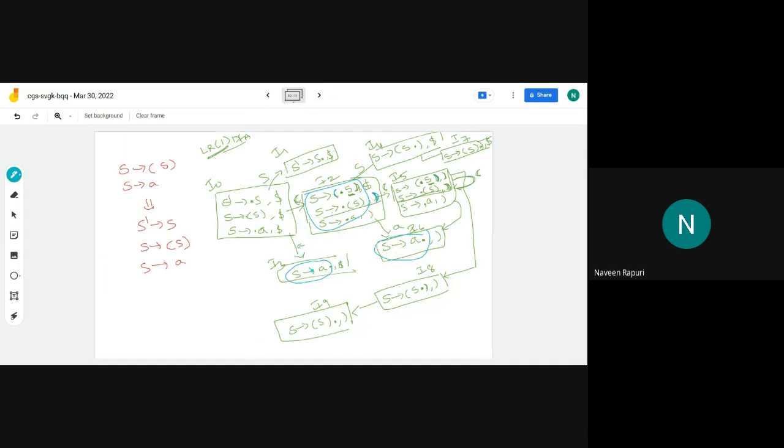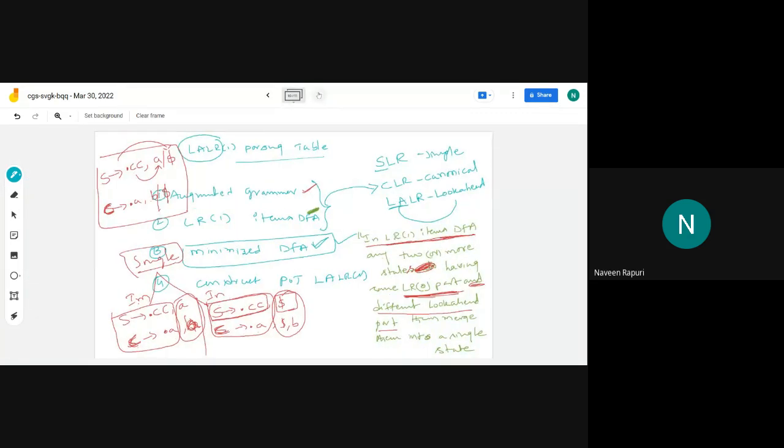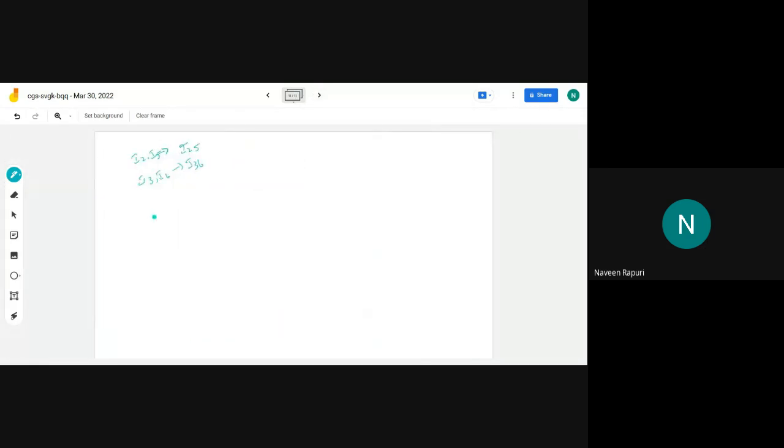Suppose if we check, I8 is matching with any other. S derives open parenthesis S dot. Here also S derives open parenthesis S dot closed parenthesis. Here it is dollar and here is open parenthesis. I4 comma I8 can be written as I48.